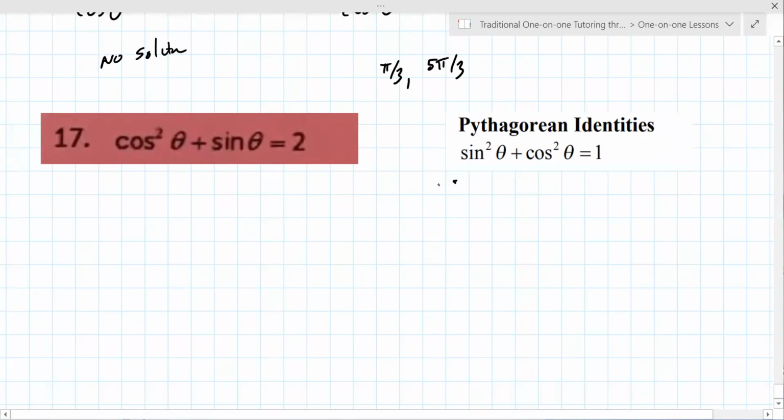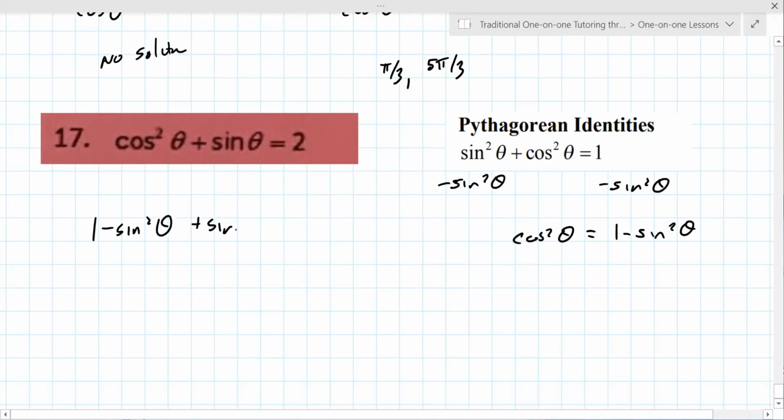If you subtract sine squared theta from both sides, cosine squared theta equals 1 minus sine squared theta. So this becomes 1 minus sine squared theta plus sine theta equals 2.